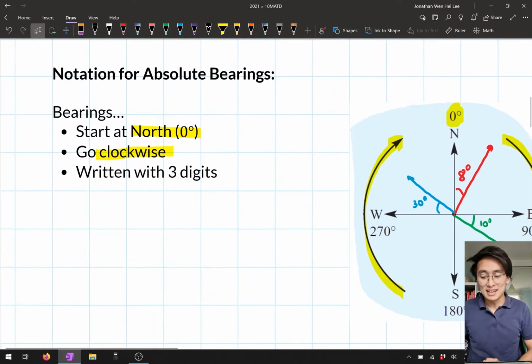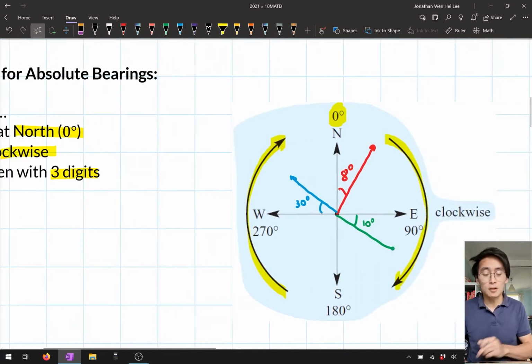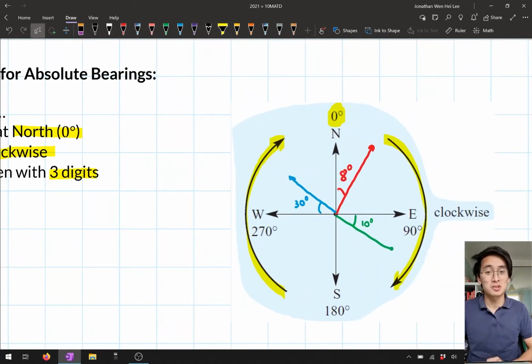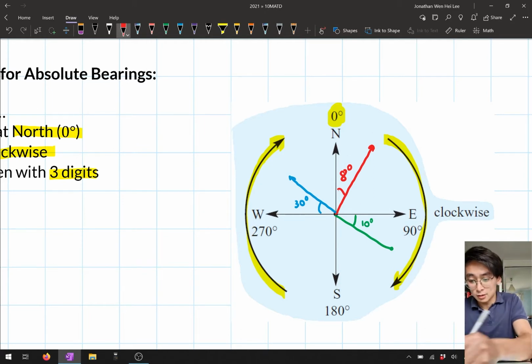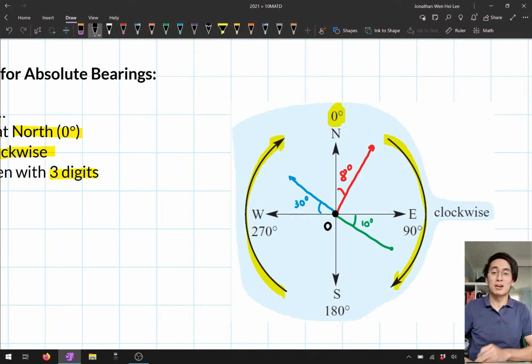The final thing is that bearings are written with 3 digits. I've got 3 examples here and I'm going to write them all in bearings. Look at the red line: this little angle says 8 degrees. Let's say this is a point O. Someone is going from point O in a northeasterly direction, and we want to figure out what this bearing is.